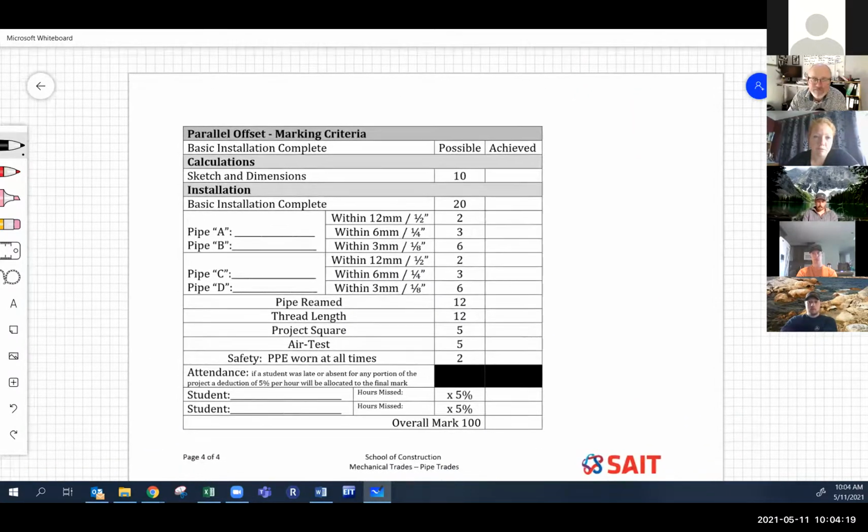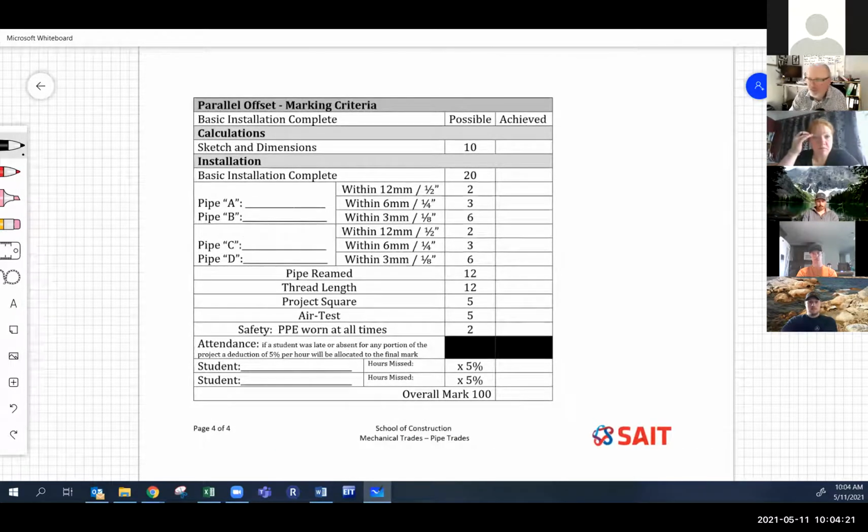So you will get a marking sheet, or what sometimes is called a rubric. That's kind of a fancy term for a marking sheet, okay? Just gives us parameters of what those marks are going to be within. So we are going to basic installation. Okay, sketch and dimensions, that's your picture. Most everybody will get a 10 on that.